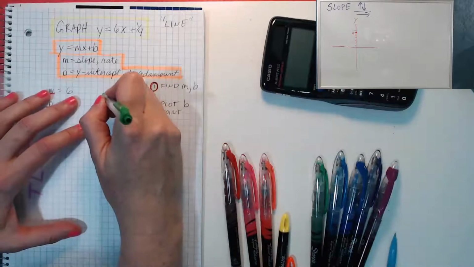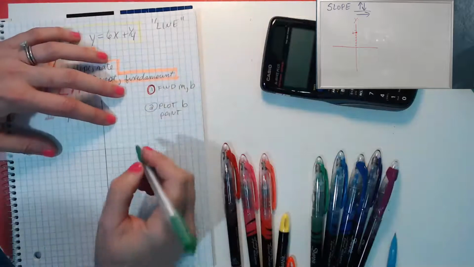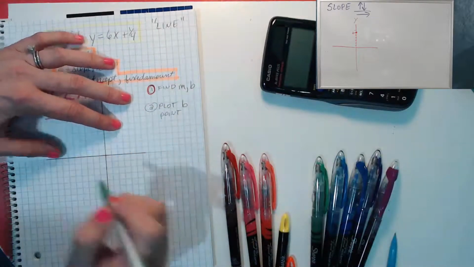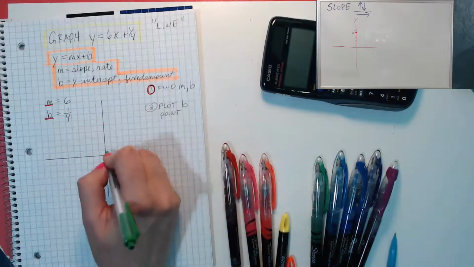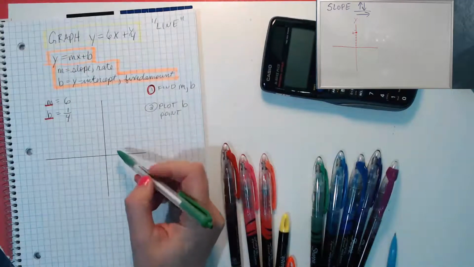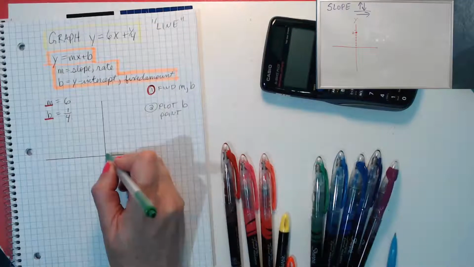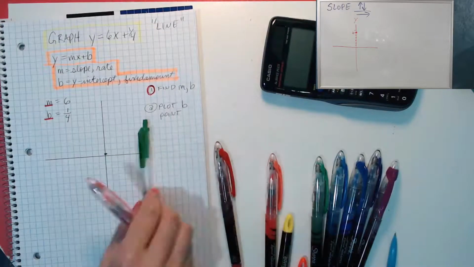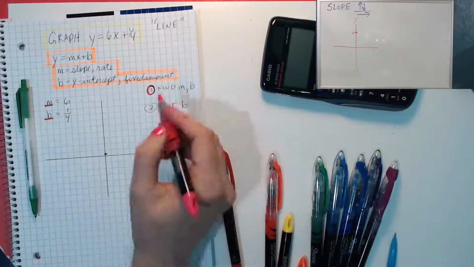So, right. Okay, so plot point B, the y-intercept is 1/4. If this is 1 right here, then 1/4 is about here. So let's pick a color for that. How about pink?